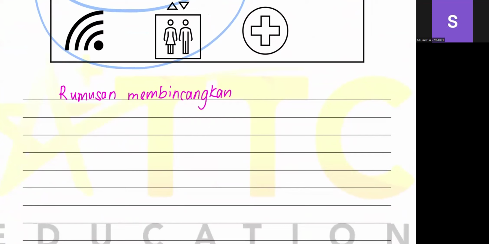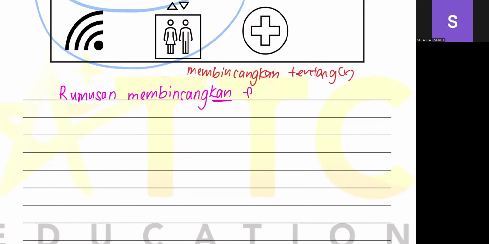Correct. Because we have kan, then we do not need tentang. So we just put a red color pen. Membincangkan tentang is wrong. So only membincangkan. So rumusan membincangkan our 2 titles.